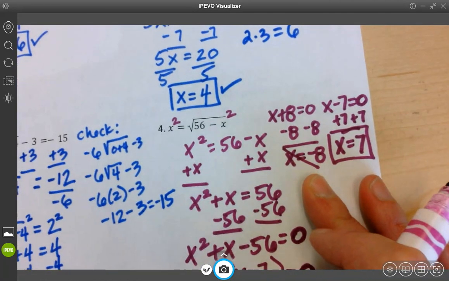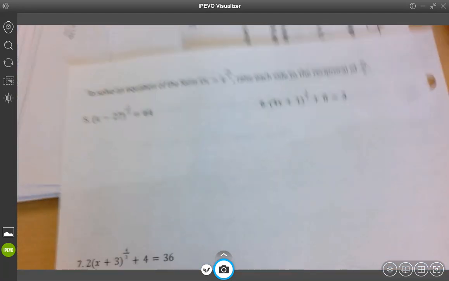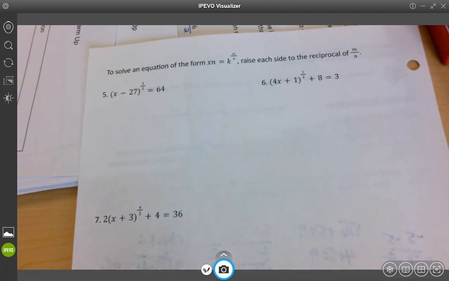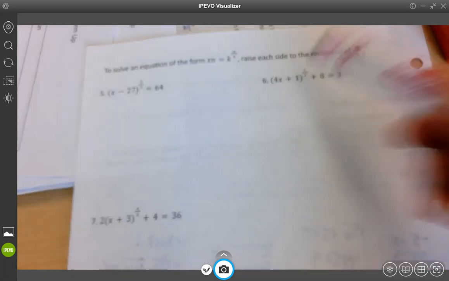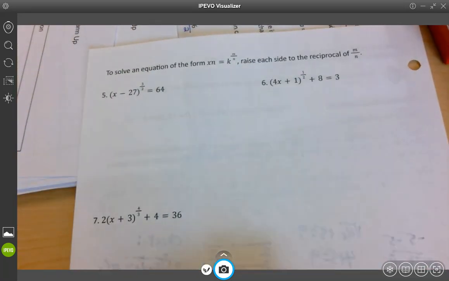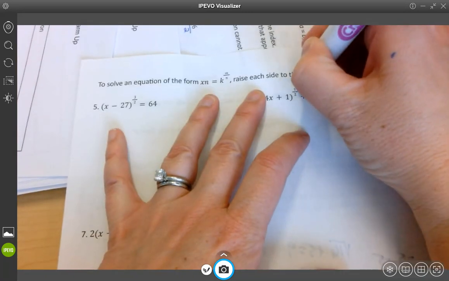Okay, other side. So here we have fraction exponents. Remember, fraction exponents are roots. For example, this problem right here, this one, 1/2 power is exactly the same thing as a square root.